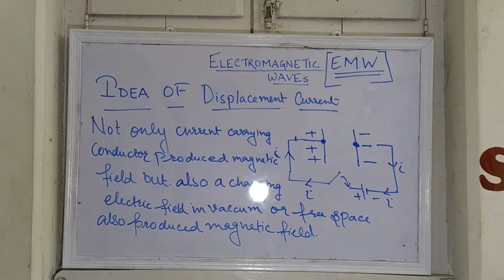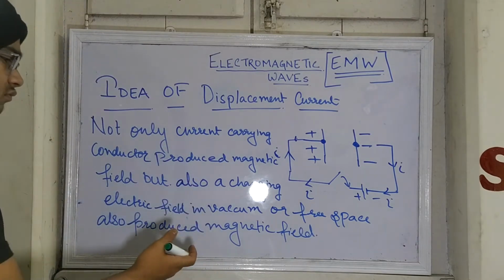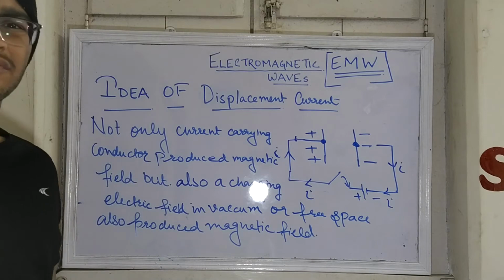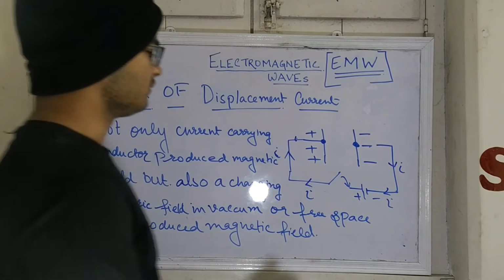Now, is this magnetic field produced? What is the proof for that?